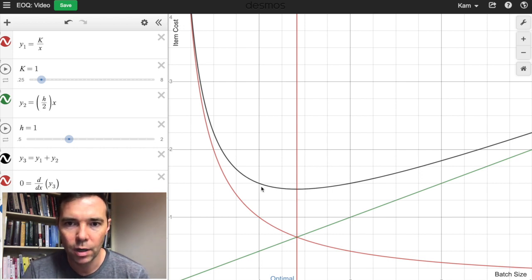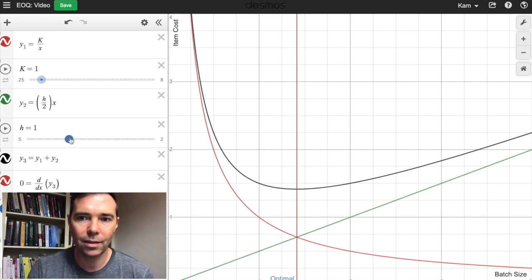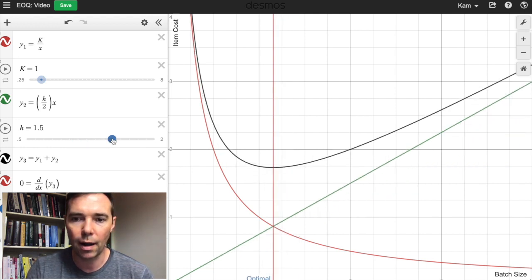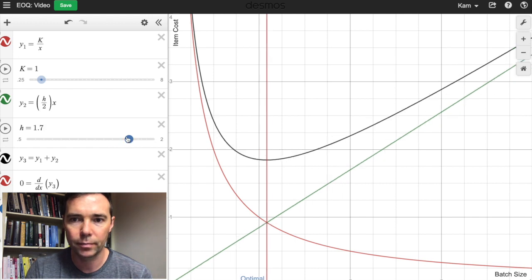But notice how this black curve, y3, the total cost per item, is minimized in a very shallow U curve here. So anything between 1 and 2 actually gets you very close to the optimal batch size. And we can also have some intuition that as our holding costs go up, it drives our optimal batch size down.